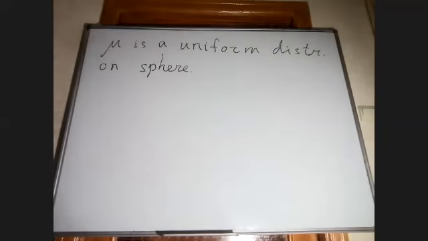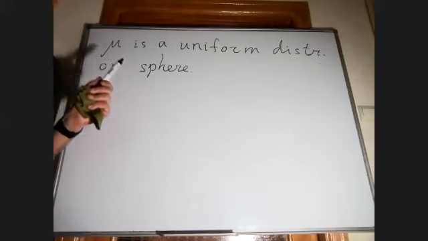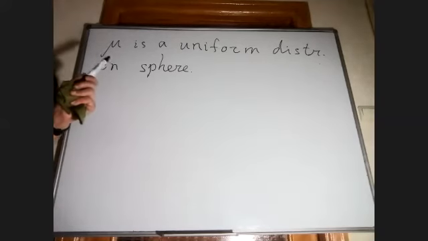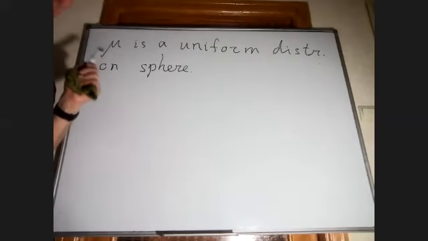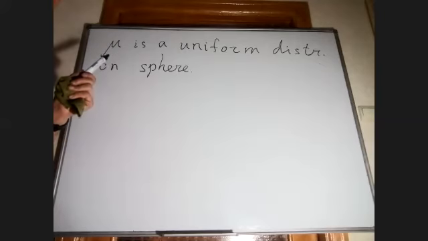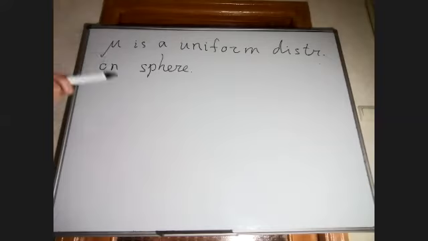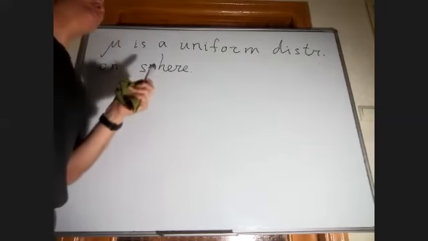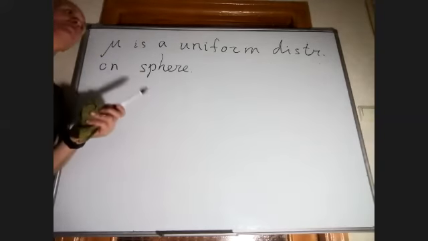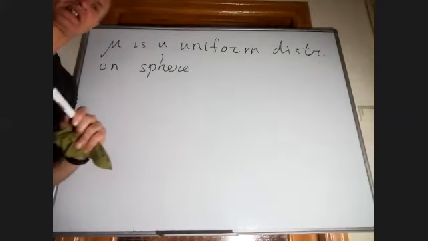But we just wrote this conclusion, and I strongly insist that you have to think about this. This is not a simple statement. We just said we have a measure which is invariant under rotation, so it is uniform on the sphere.